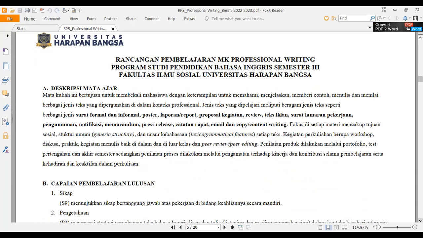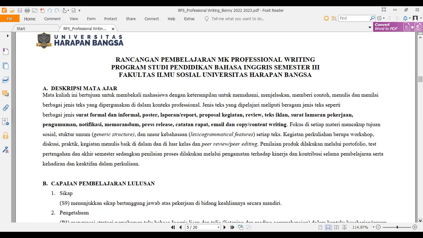And the genres of text that we're going to learn for the whole semester are writing formal and informal letter, how to create a poster, writing a report, writing an activity proposal, writing a review, writing an advertisement or a job vacancy, writing an application letter, writing an announcement, writing a notification, writing a memo, press release, writing meeting minutes, and writing an email and copy or content writing.